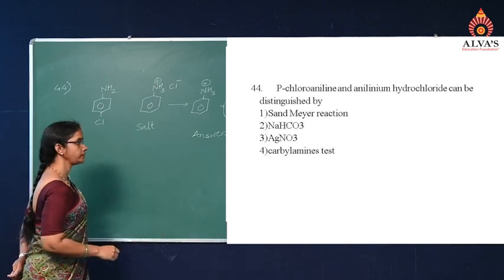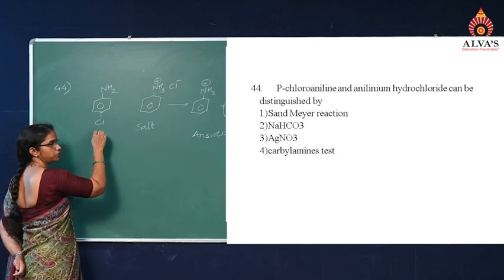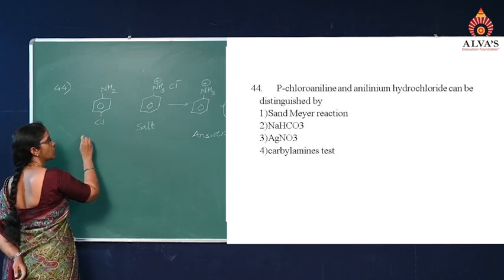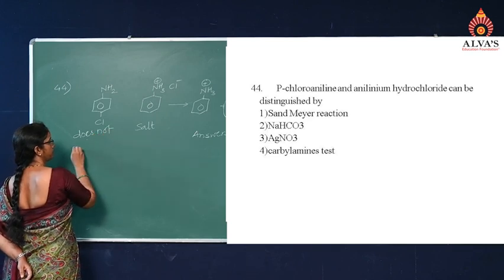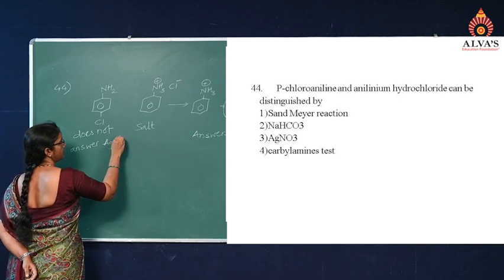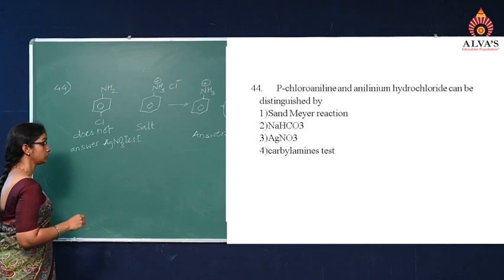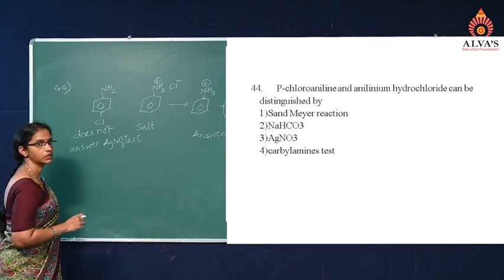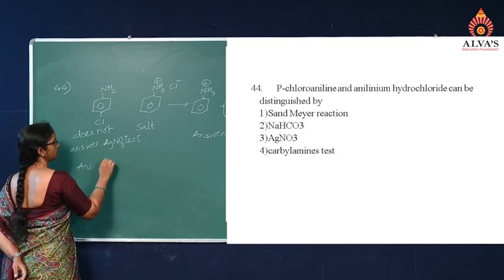Whereas the chlorine which is directly attached to the benzene ring does not come into the solution because the bond between carbon and chlorine is strong. So it will not answer the silver nitrate test. As a result, AgNO3 can be used to distinguish between parachloroaniline and anilinium hydrochloride salt. So the answer is option 3rd.